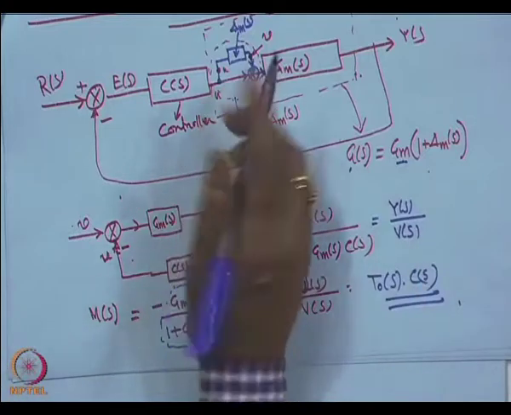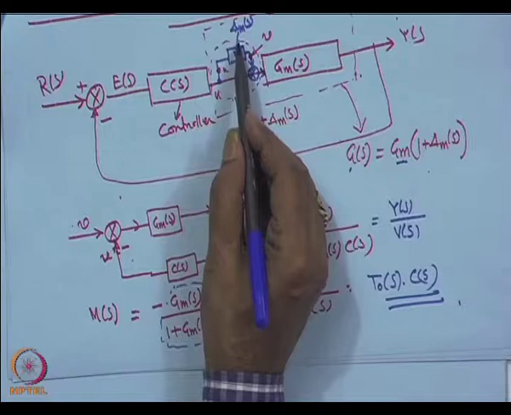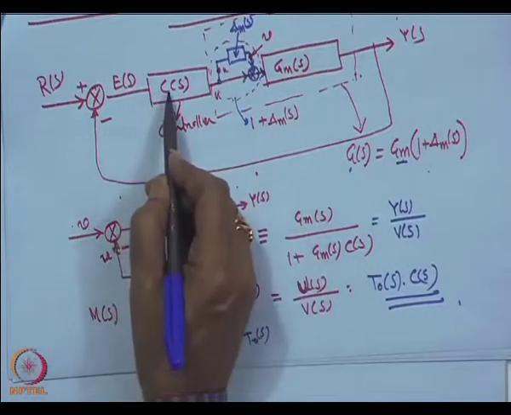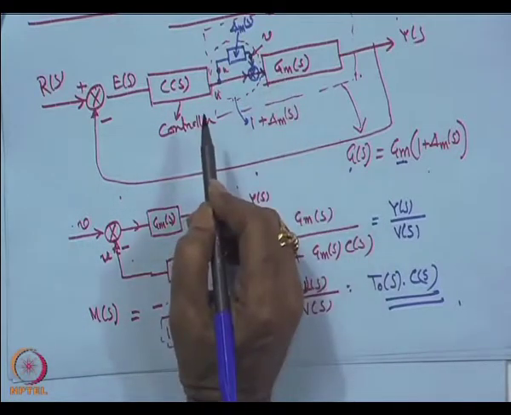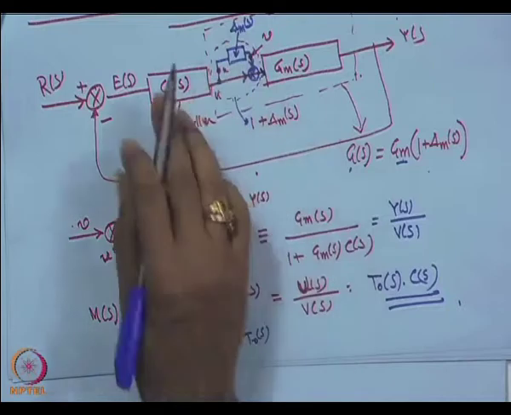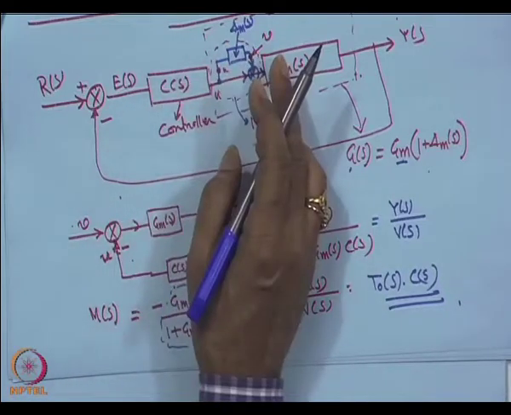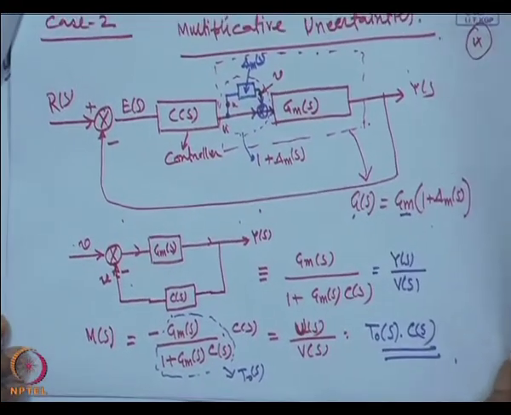Again, in order to study the stability of this system in the presence of multiplicative uncertainties, mind that the controller is designed based on the plant model. Then there is a perturbation, and I want to check whether the system will be stable under that multiplicative perturbation.